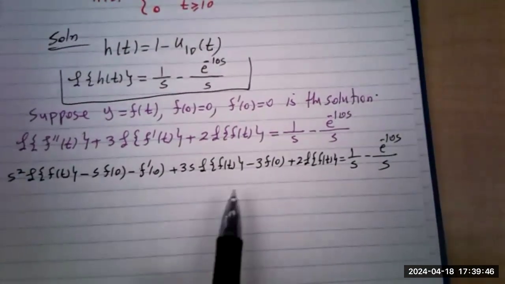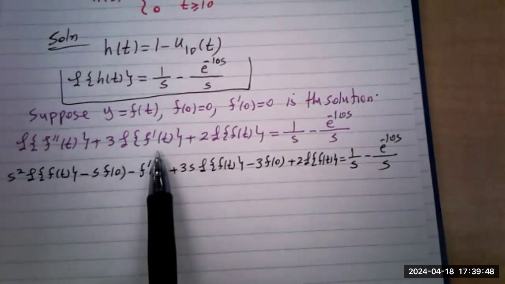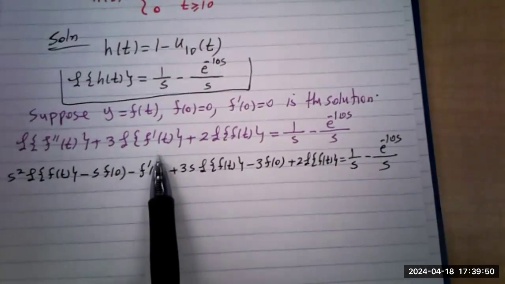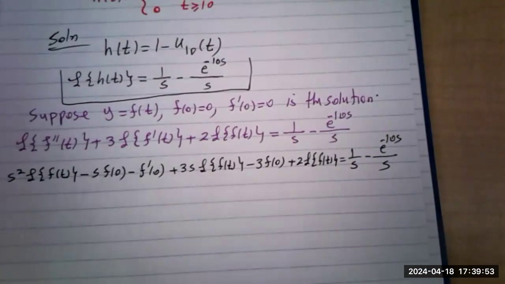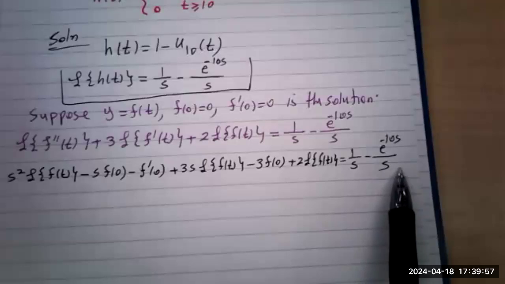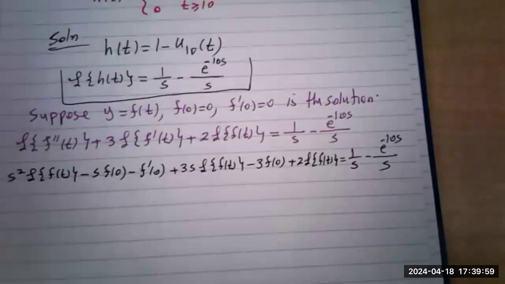Okay, I just multiply together. The Laplace of f' is s times the Laplace of f(t) minus f(0). Okay, this is it.